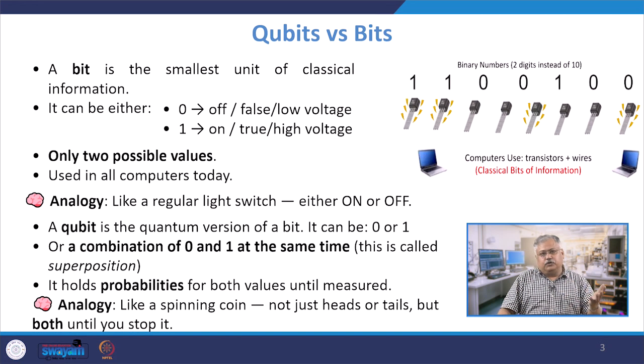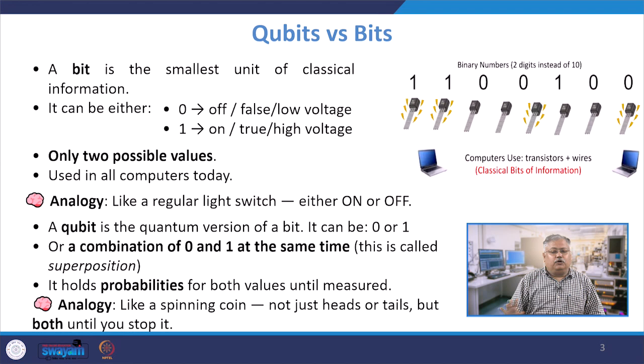We all know this. 0 is the off state, expressed as false in Boolean expression, and as low voltage in potential form, whereas 1 is on, a true value in Boolean, and a high voltage. So at any particular node in digital logic, if a node has a high voltage, it is represented as 1, and if it is a low voltage, it is represented as 0.